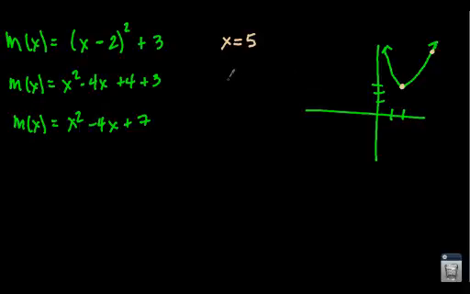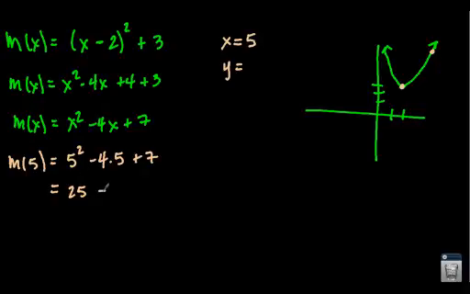The first thing we're going to do is plug 5 into the m of x equation to find the y-coordinate. Remember I said earlier in the year that math has a lot of substitution going on, and you can see from these problems that that definitely is the case. So 5 squared is 25 minus 20 plus 7. That means y is 12. So we could say that this point is 5, 12 if we wanted to. We could write it over here.